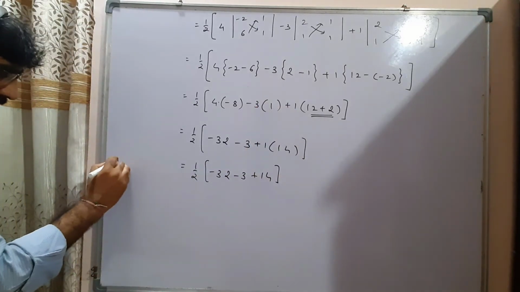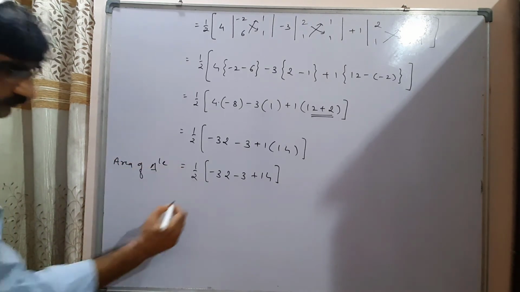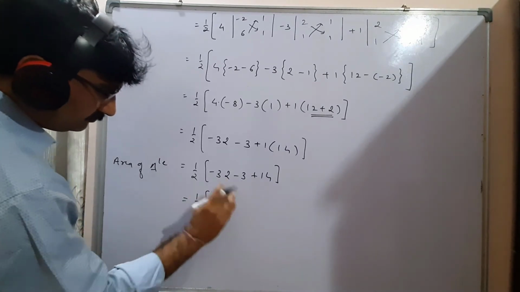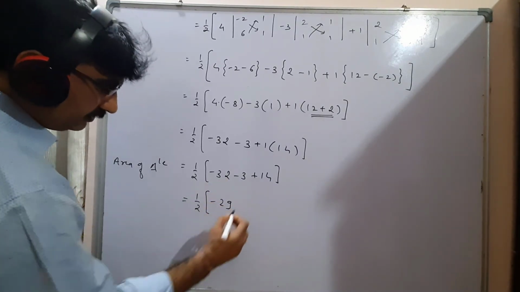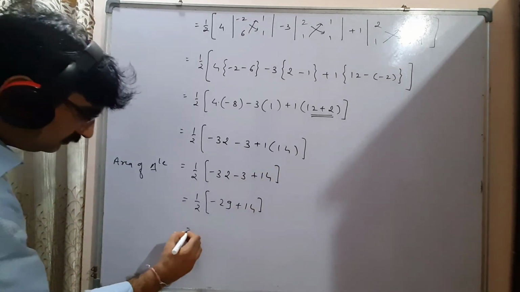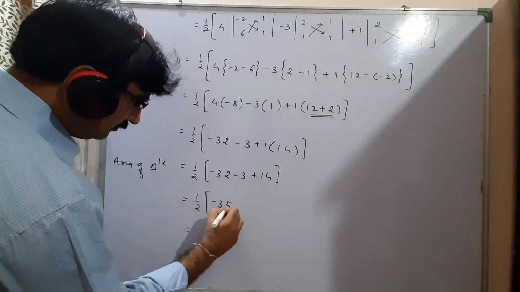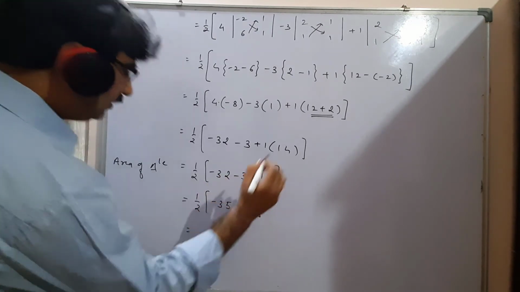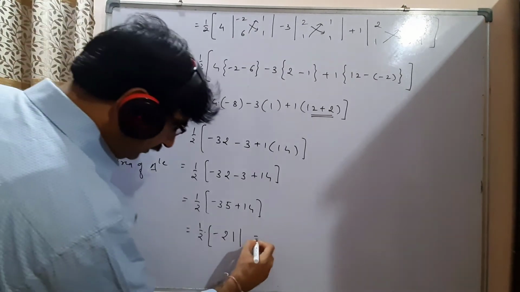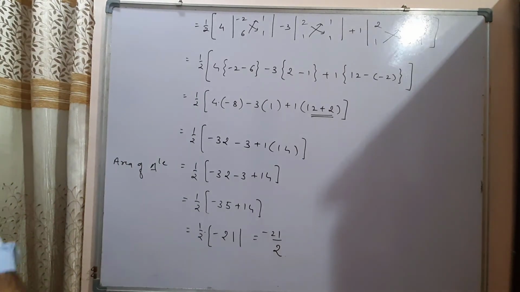Of course this is area of triangle. Take calculation. What we get here? Minus 29 plus 14. Minus 35 plus 14, half. So here we get minus 21 upon 2.